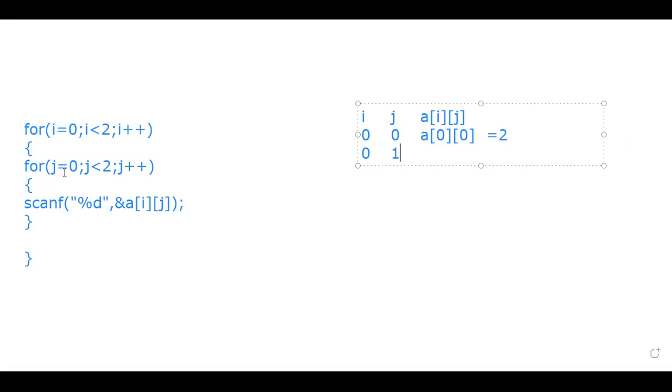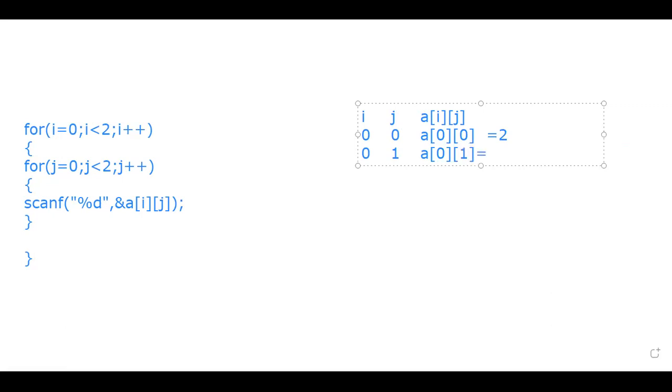Why? If you start the first loop and enter the second loop, only when you complete the second loop do you go back to the first loop. That's why the inner loop runs 0 and 1. So j equal to 0 is completed, then j equal to 1. Now replace here, a of i with i value 0 and j value 1.